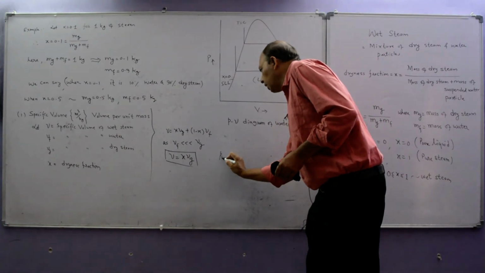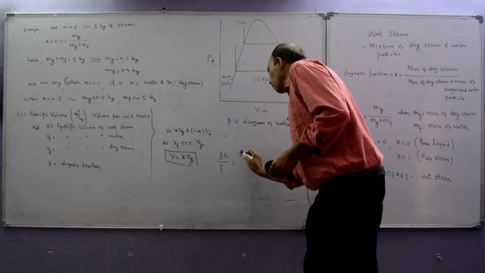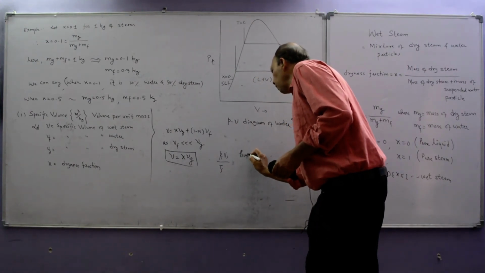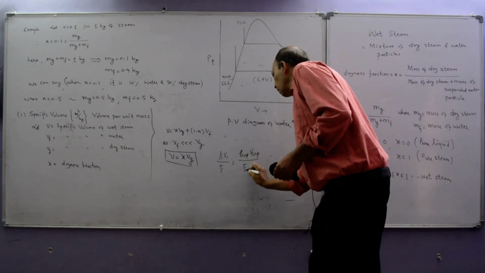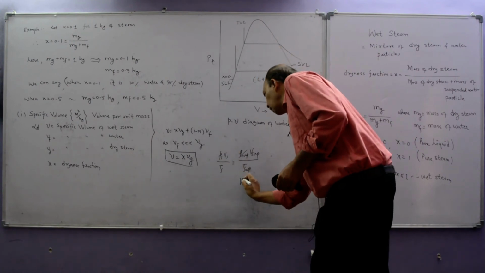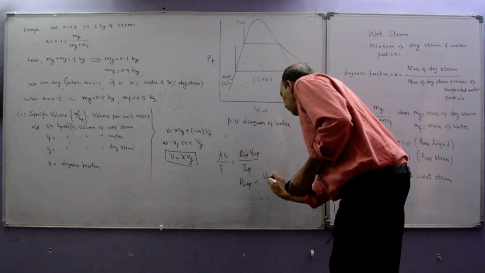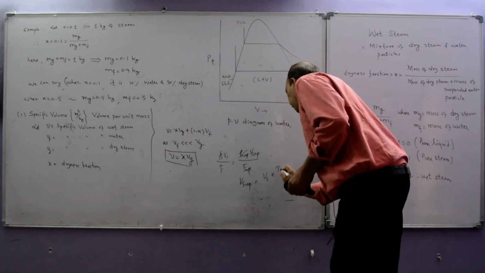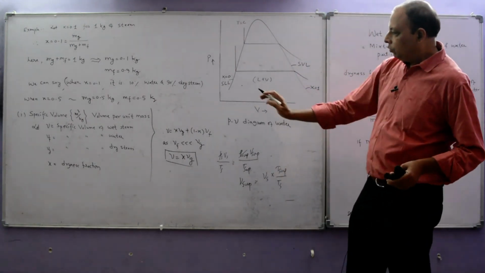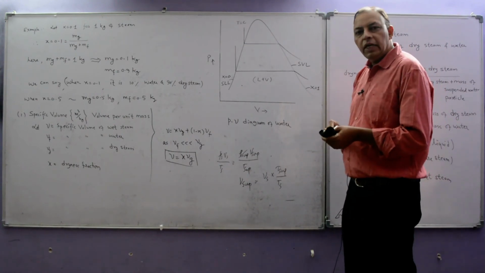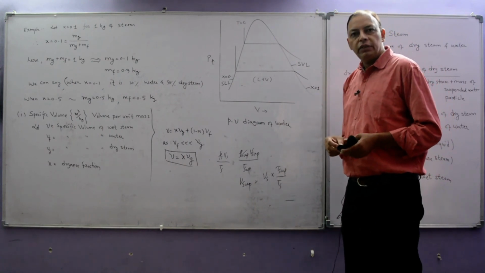The formula is Ps Vs upon Ts equal to Psup Vsup upon Tsup. The pressures will cancel out, so we can calculate Vsup equal to Vs into Tsup upon Ts. So these are the formulas where we can calculate the specific volume.